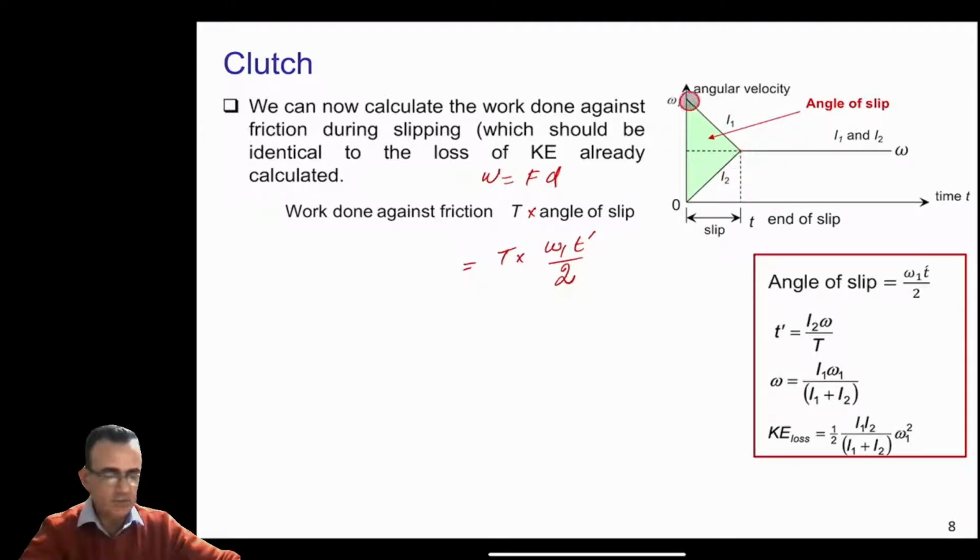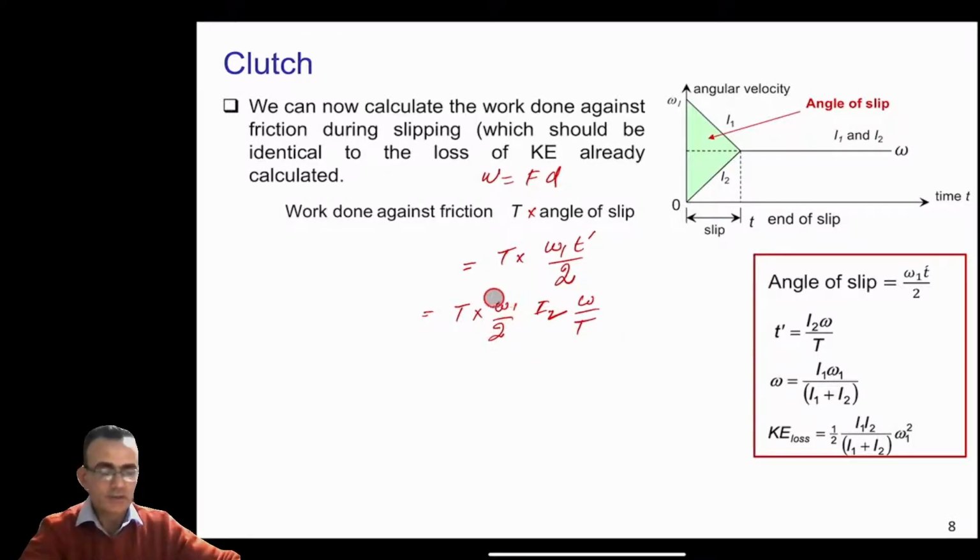Now if we replace this T dash with the equation here, it will become T omega1 by 2 times I2 omega divided by T here.